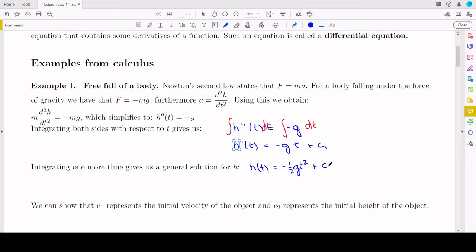Antiderivative of a constant is that constant times t, and then we have a new constant of integration. So what we can actually show is that C1 represents the initial velocity of the object, and C2 represents the initial height of the object.